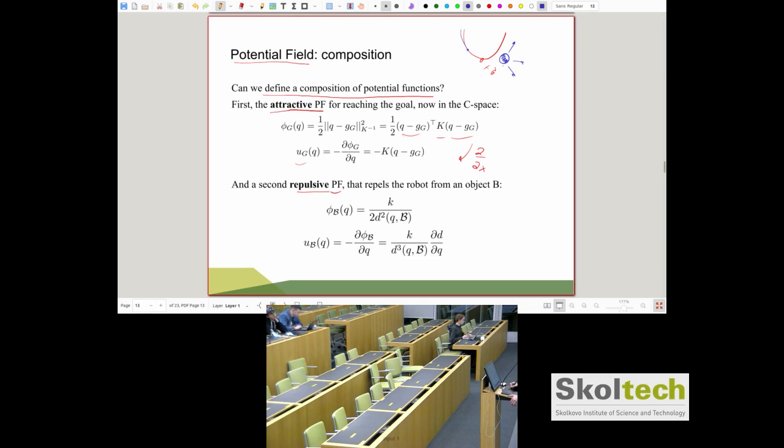I'm now plotting this in 3D, right? Maybe if you come here, you will see that this potential is just doing this. Okay, you need to use your imagination. But yes, the composition will be this. You take these two potentials and you put them together, and this is still a valid potential function, right?